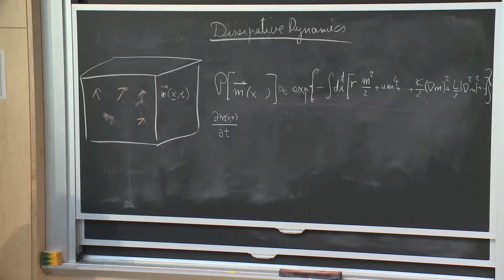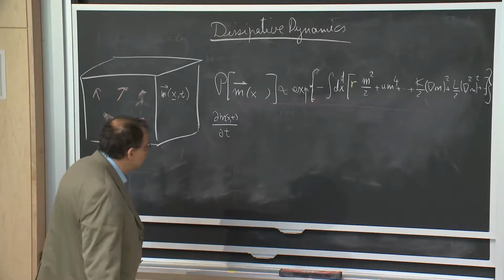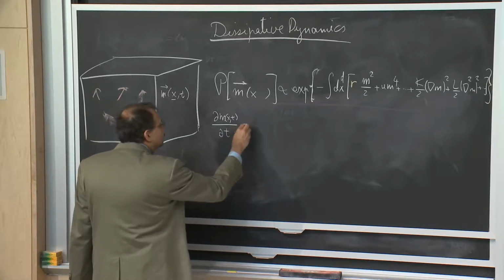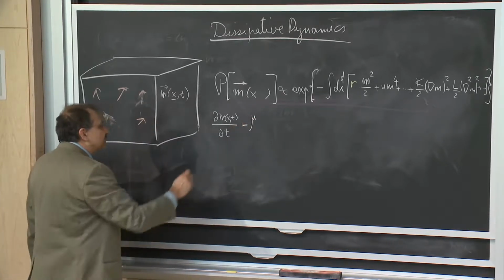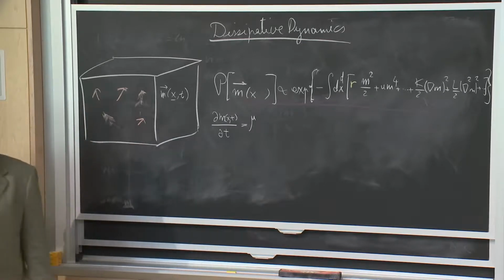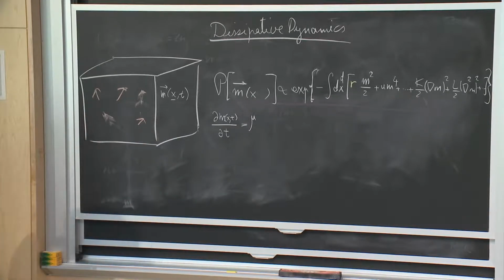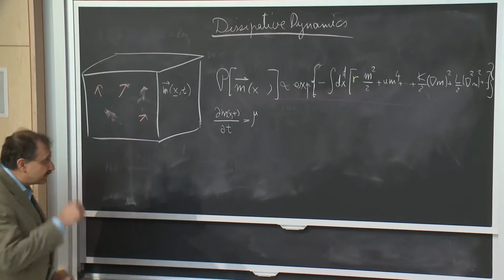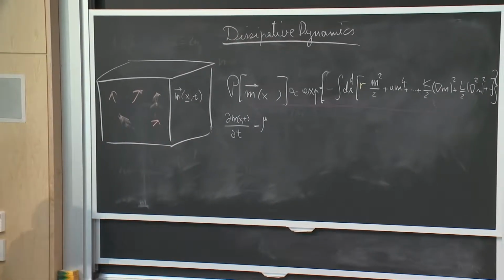The constant of proportionality was some kind of a mobility that you would have in the fluid. So continuing with that inspiration, let's put some kind of a mobility here. I should really put a vector field here, but just for convenience, let's just focus on one component and see what happens.